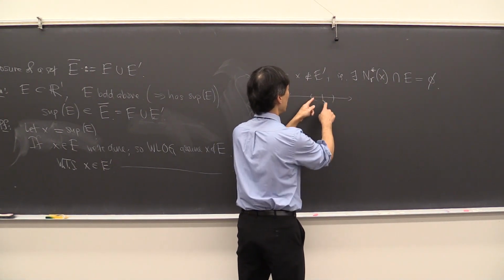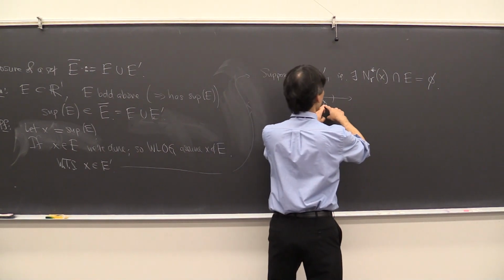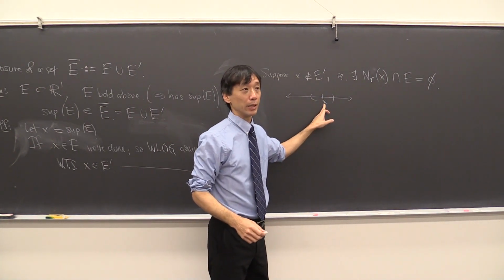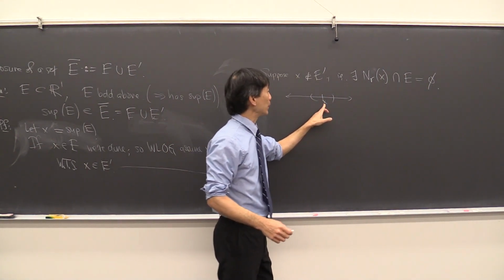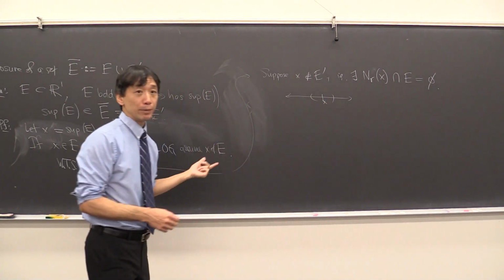Nobody from E is inside here, except possibly X, but actually X is not in E, so it's the whole interval that doesn't intersect E. And you see what the problem is.